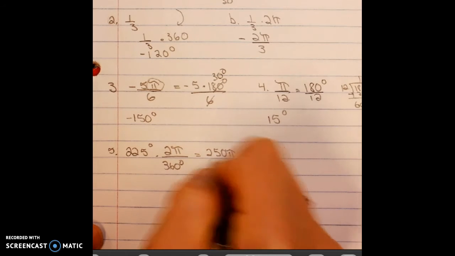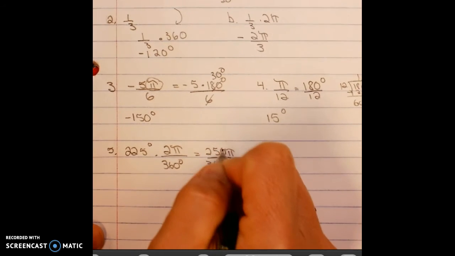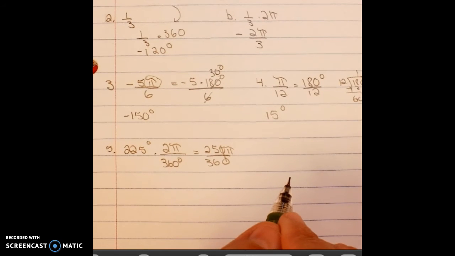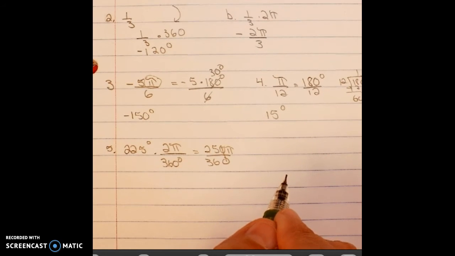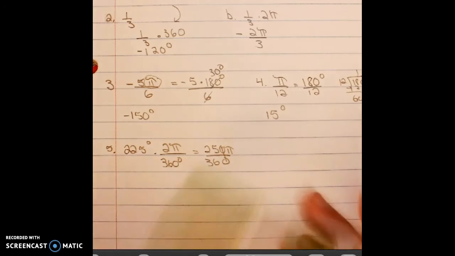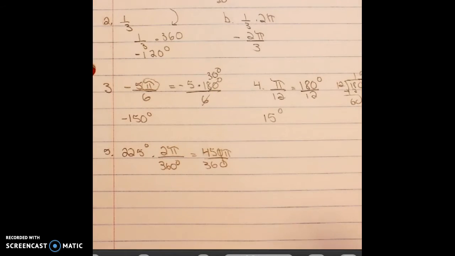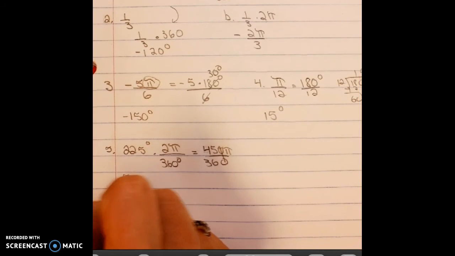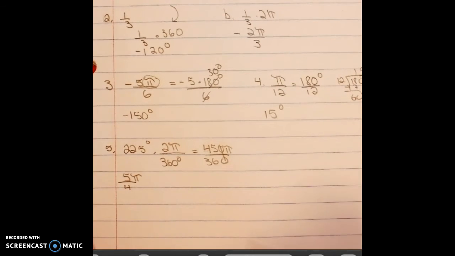That gives me 450 pi over 360. Those zeros can cancel out. Then we can notice that 45 and 36 are both divisible by 9, so we end up with 5 pi over 4.